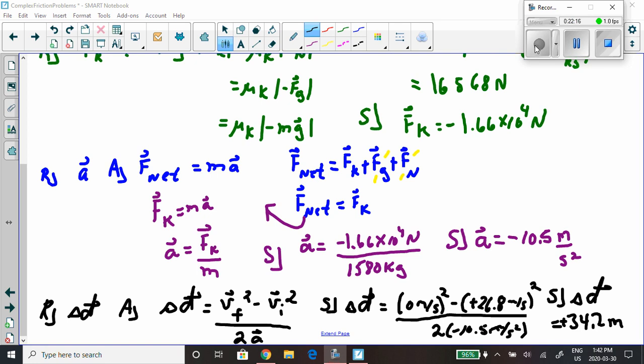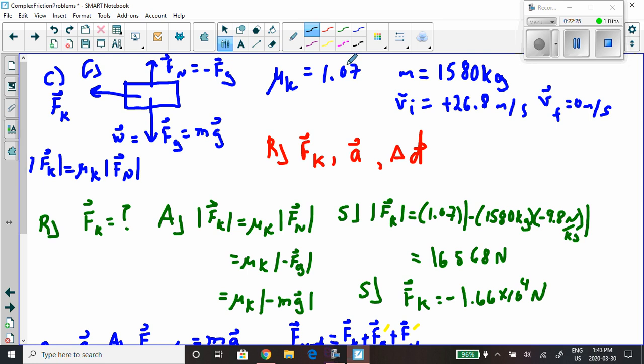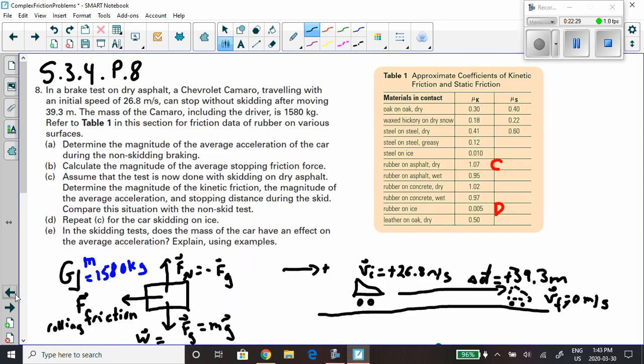Okay, so part D says, hey kids, let's do this whole thing all over again, except it won't be on dry asphalt. Nope, not going to happen. We want it on ice. So here is rubber on ice, 0.005. All right, totally different.